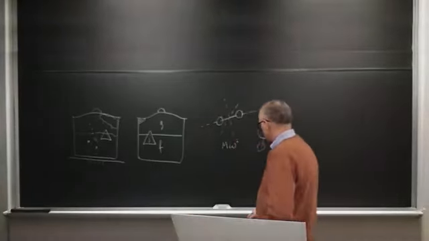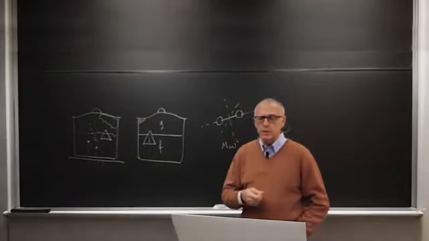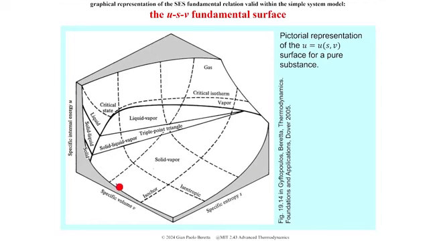It's like the E versus S diagram, remember? Here we also add volume. So if I fix volume, this curve here is the curve that we usually would represent on an E versus S diagram for that particular value of the volume.